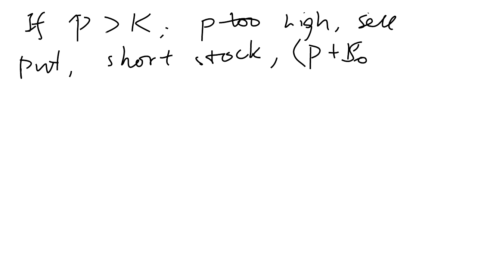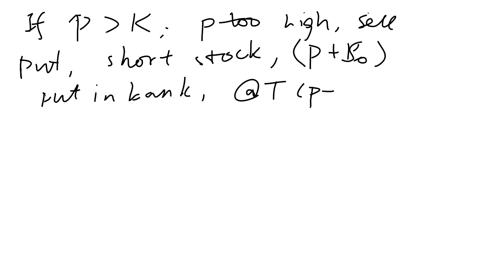Okay. Again, you have something positive. Put it in the bank. So at expiration time, you now have P plus stock exponential RT. And you also have one short put, and one short stock.